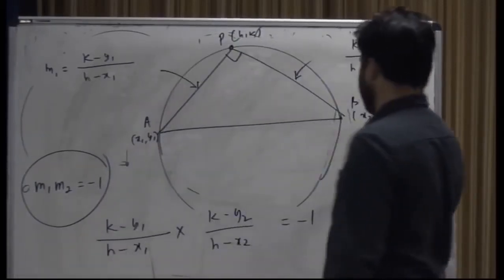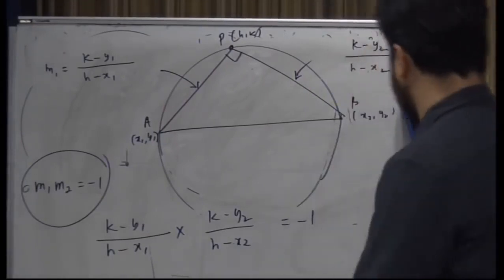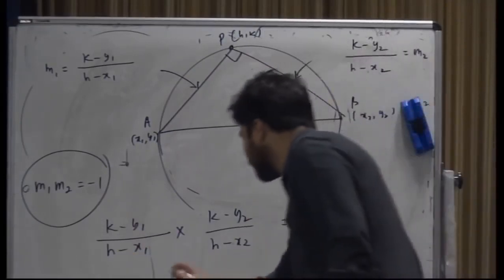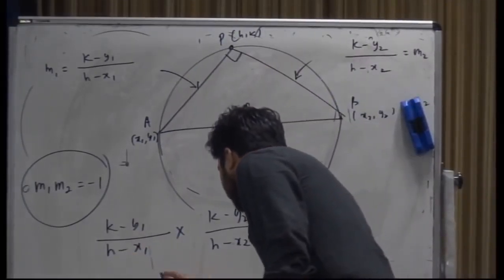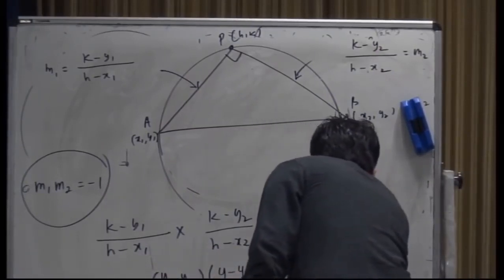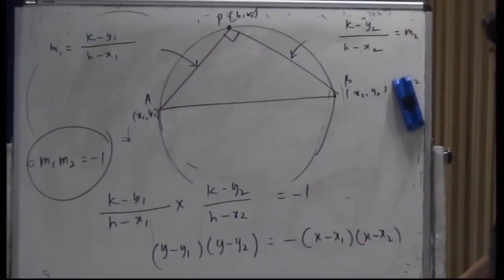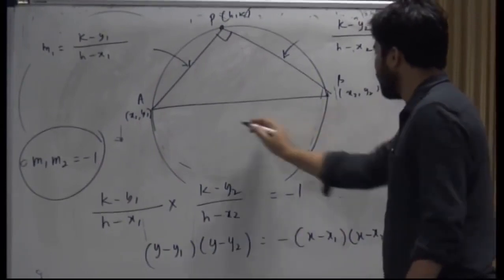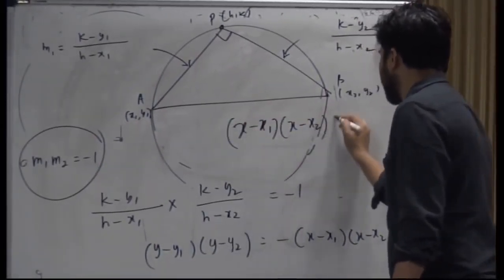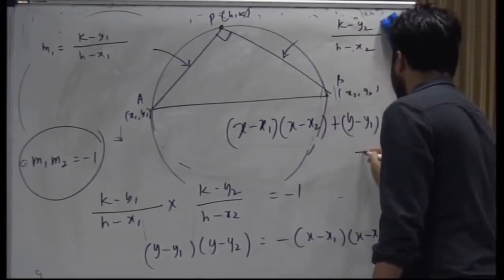Now in this equation, can I replace h by x and k by y? That will give me the algebraic equation, which will be (y − y1)(y − y2) = −(x − x1)(x − x2), which on rearranging I'll get (x − x1)(x − x2) + (y − y1)(y − y2) = 0.